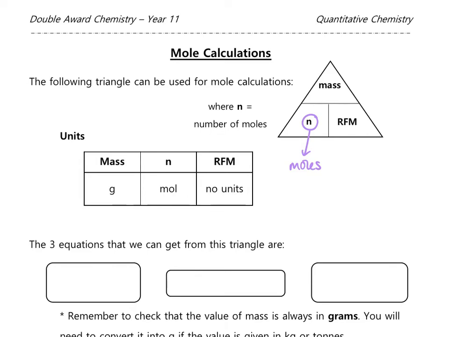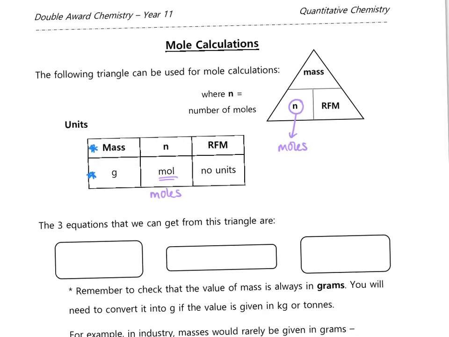So units are really important with this equation. You can see there's N, which is given the units MOL. That's just short for moles, and sometimes in the exam they will literally write moles. So it doesn't matter if you write MOL or the full word moles, either is fine. This is really important here. Your mass must be in grams, and it highlights that down here.